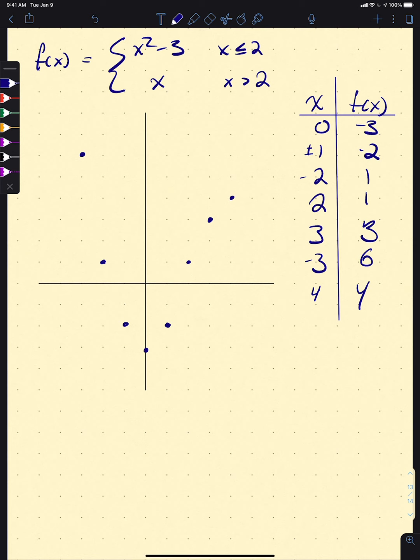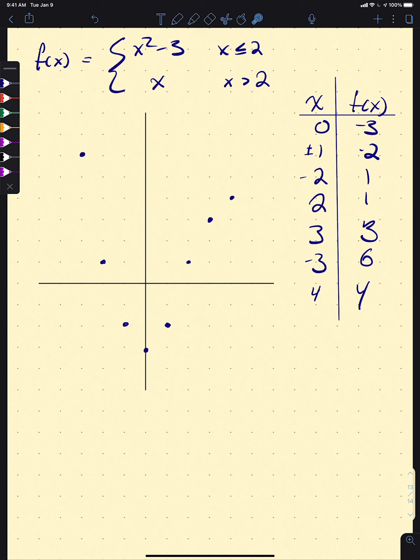Now, you might be tempted, as we did before, to smoothly connect these with some sort of line. But in a piecewise function, that doesn't actually quite work, right? Within each of these pieces, we can, but not when we're dealing with the whole thing.